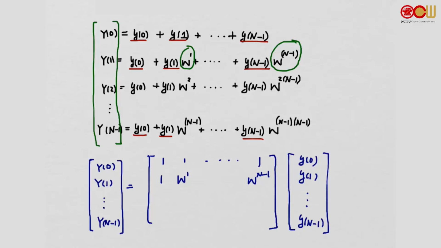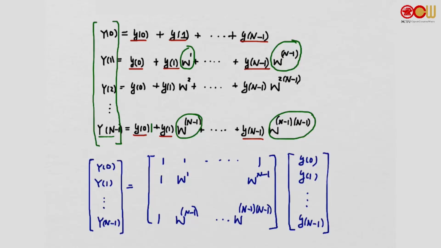And continue on. For the last equation, the coefficient for y0 is 1, and then it's wn minus 1, all the way to wn minus 1 and minus 1.